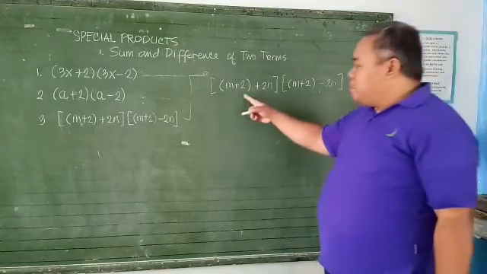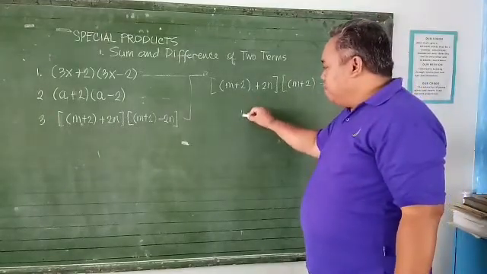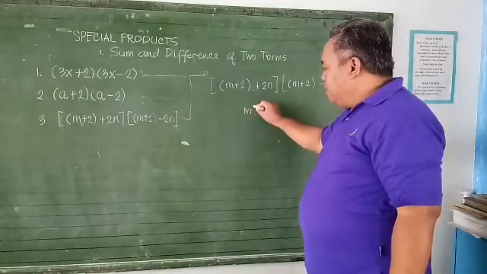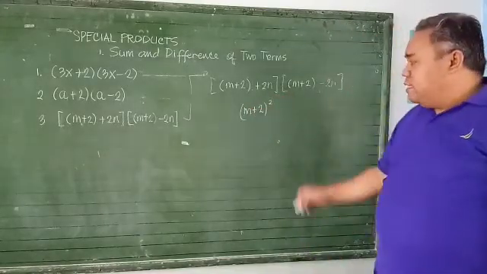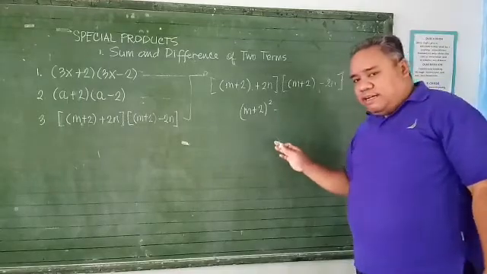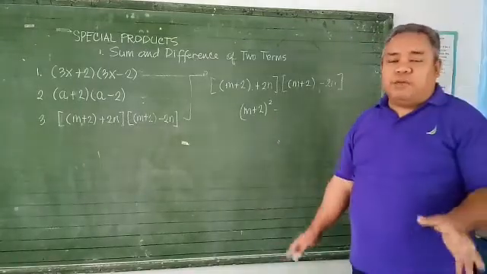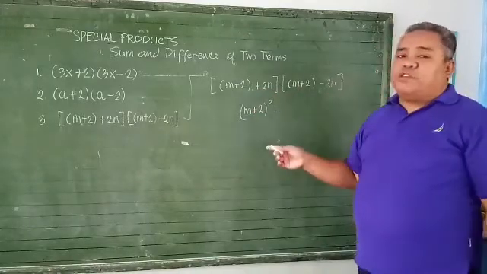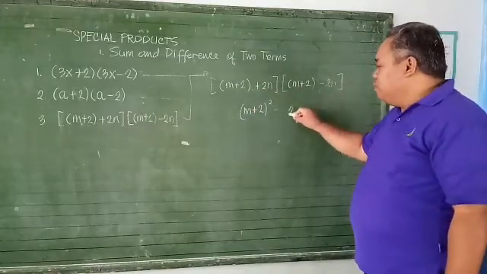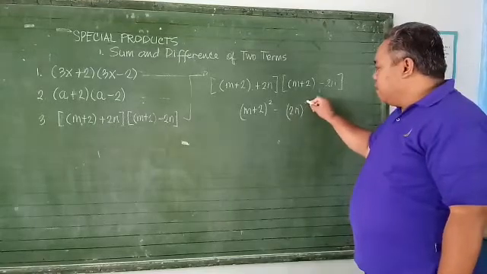So let us square the first term first. So this is (n plus 2) squared. And then let us subtract the square of the second term, as I said earlier, the sum and difference of two terms will give you the difference of two squares. So we square the first term, then we square the second term, that is (2n) squared.